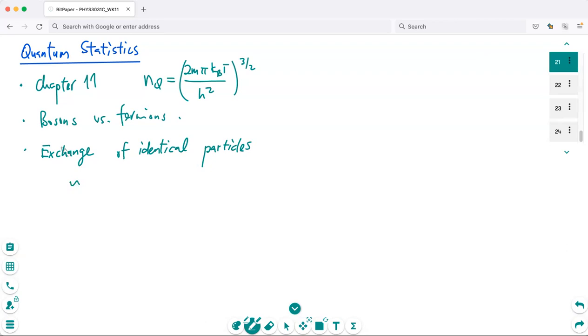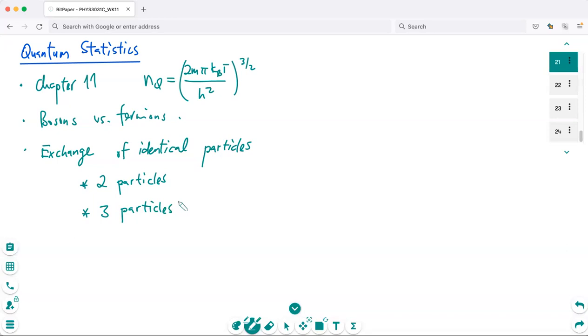What is a simple case? Let's begin by looking at two particles. That's my strategy. I will look at two particles, then I will look at three particles, then I look at n particles. So let's just increase the complexity a little bit, step by step, to see what happens.